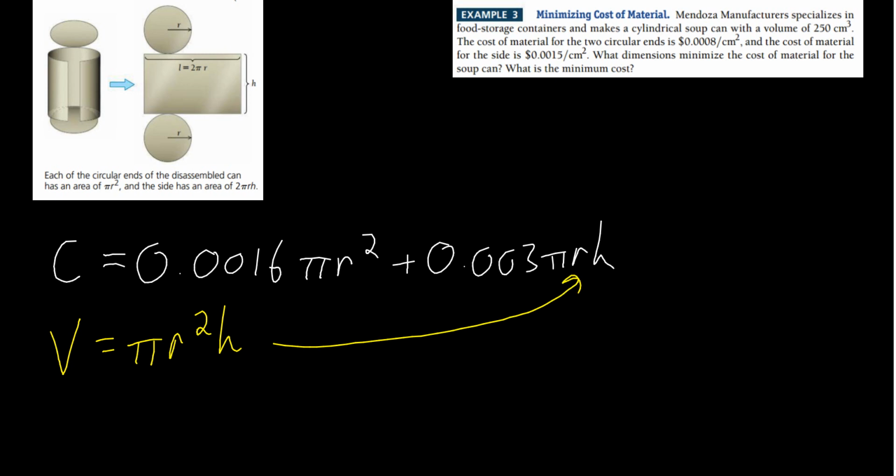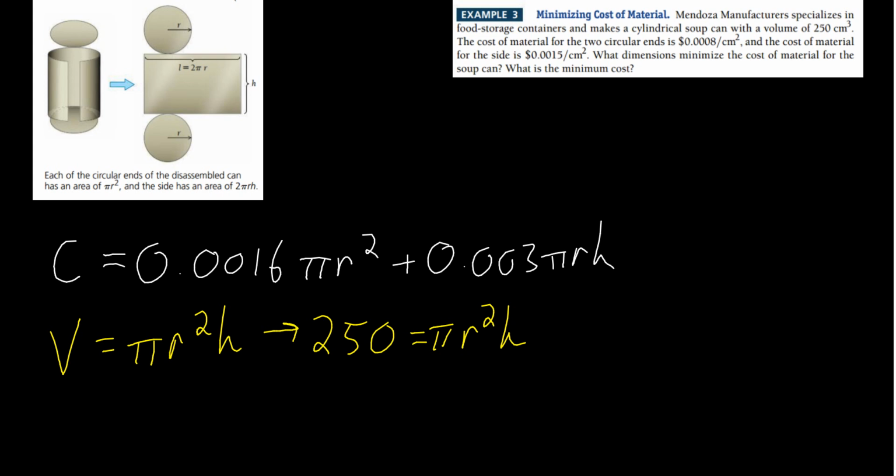So if we solve this for h, we'll be able to plug it into our h here. But wait a minute. We now have 1, 2, 3. We're making things more complicated. Not necessarily, because if we look at our problem here, it gives us a volume already. It gives us a volume of 250 cubic centimeters. So what we can do is take this equation, change it to 250 is equal to pi r squared times h.